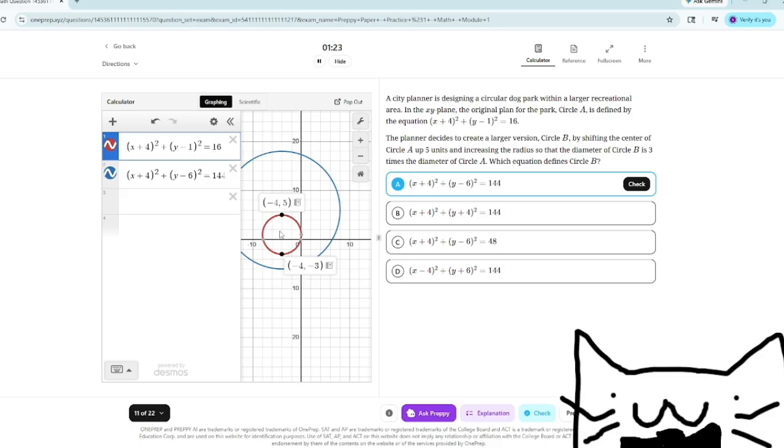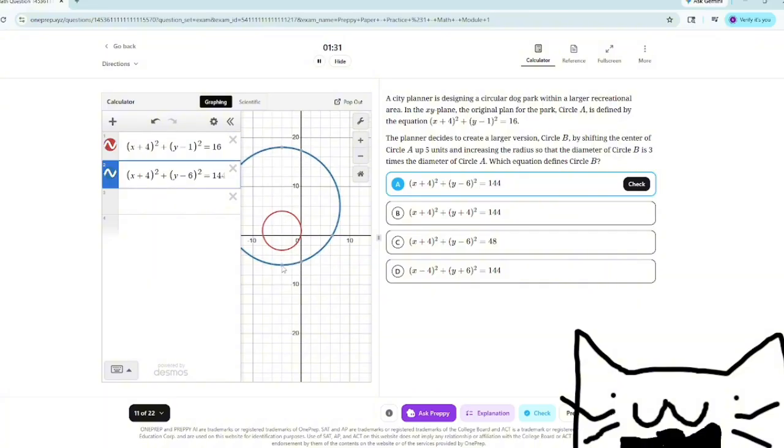Okay. The diameter is 8, I believe. So, let's see. 18. 6. 24. Okay, yeah.